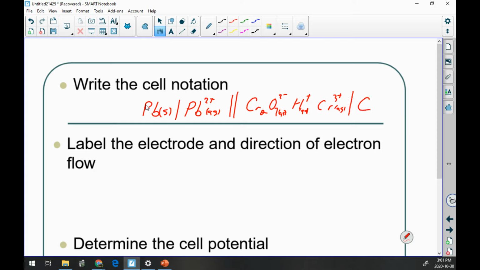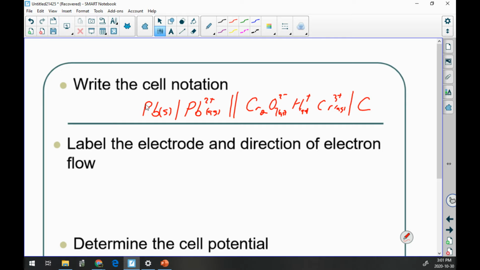Now, again, I got that off of my remembering of my data book. These are all the things in the lead part. These are all the entities, except for water, in the dichromate reaction.